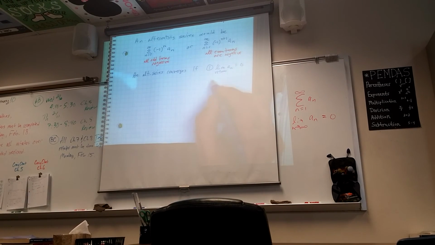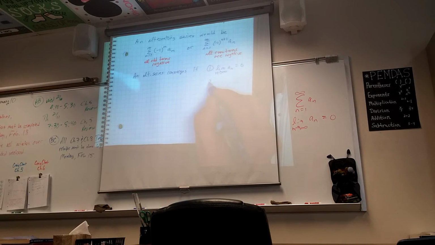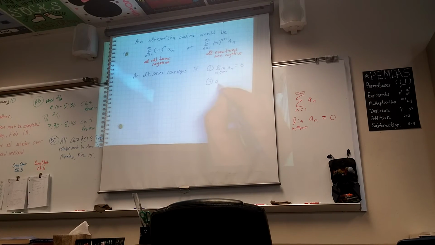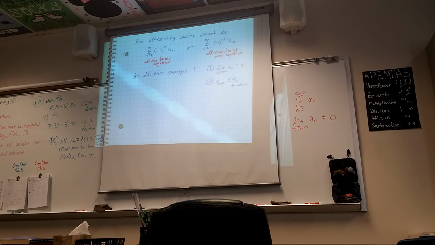So here's the real test. The n plus 1th term must always be less than or equal to the nth term for all n. Now that is really the test.